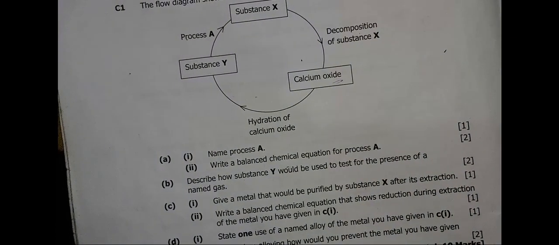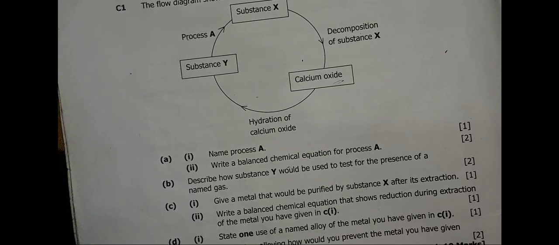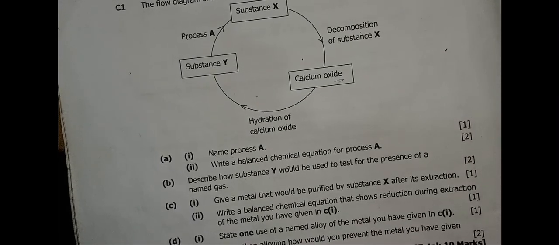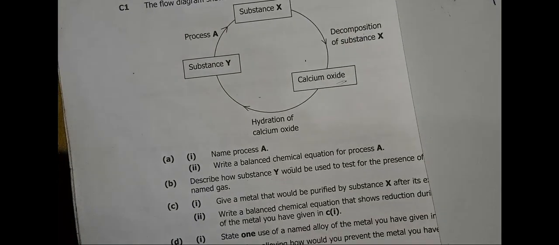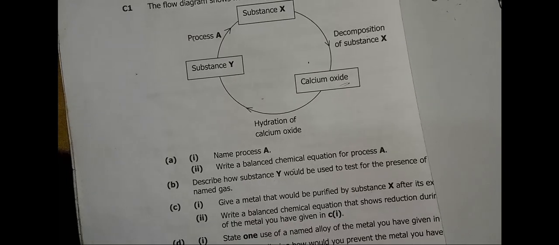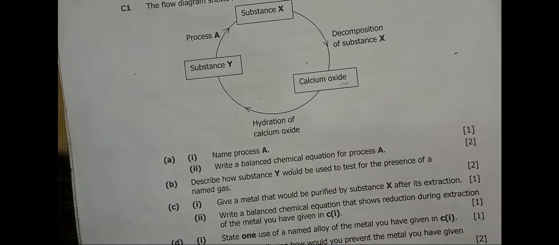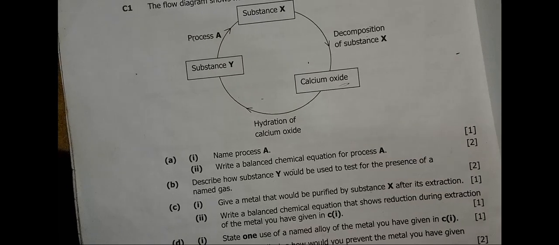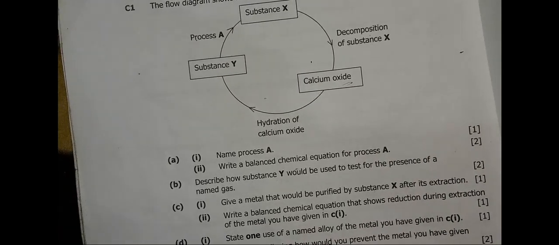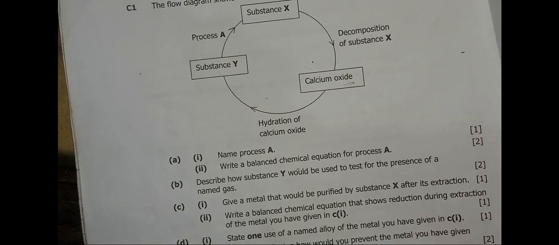A2: write a balanced chemical equation for process A. In order to write the balanced chemical equation for process A, we need to know substance Y, and what is used in process A to obtain substance X. We have discussed that already.